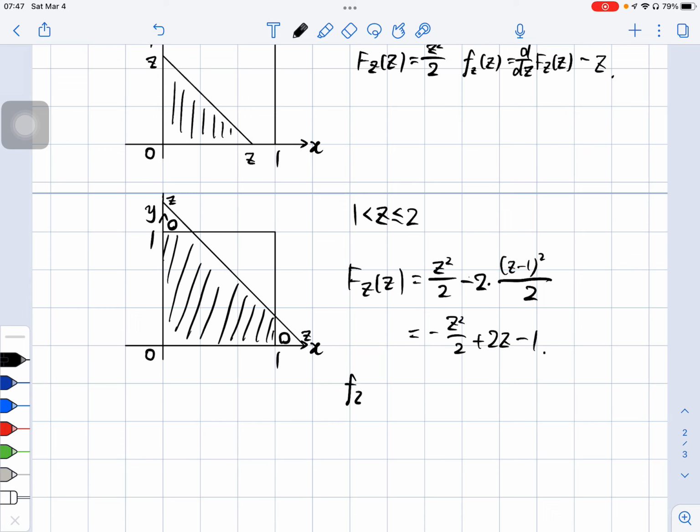And fz is the derivative of that function, 2 minus z.